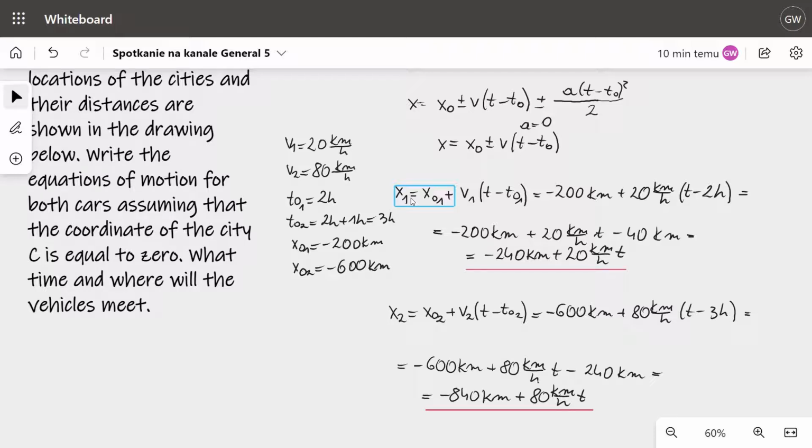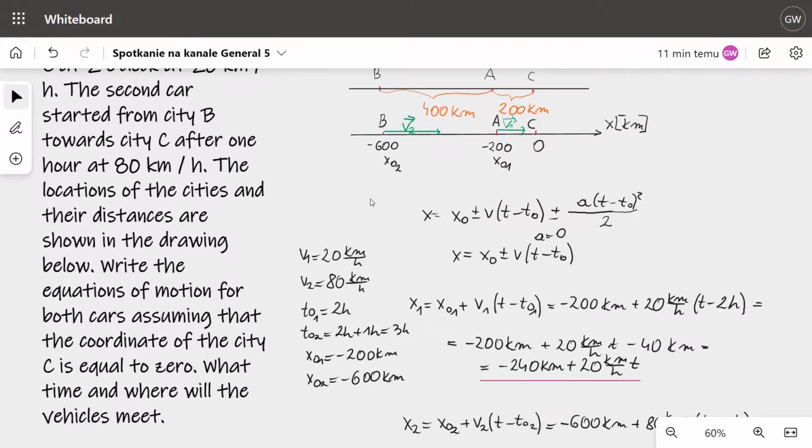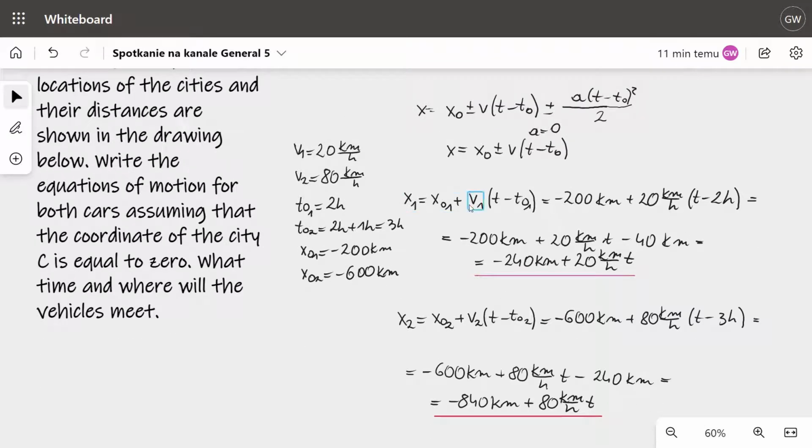Now we can write the equation of motion for the first car. Here is plus, because velocity vector v1 is directed the same as the x-axis. You can see it here, v1 and x-axis. We put data into this equation and we have the final equation here.